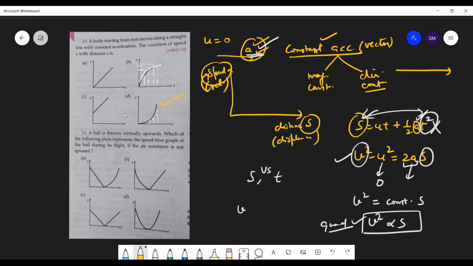Okay. Now next question, students. A ball is thrown vertically upwards. Which of the following plots represent the speed time graph of the ball during its flight? So this is the velocity time graph, ball is thrown upward.